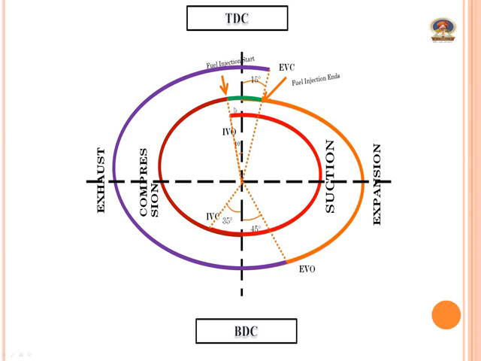As you can see, there is an overlap of the inlet valve being open and the exhaust valve being open, an overlap of valve opening. During this process, the burnt gases are pushed away or swept out from the cylinder with the help of fresh charge coming inside the cylinder. So that will help to remove the burnt gases.